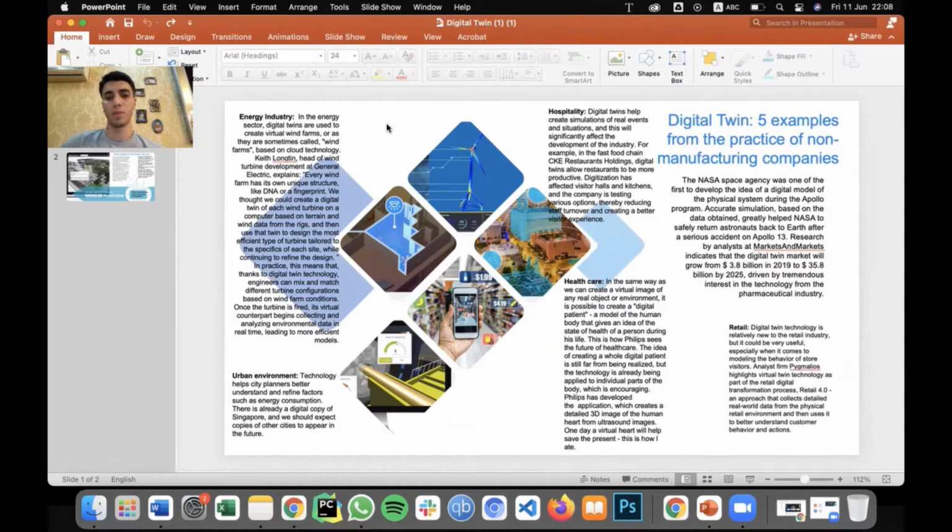Moreover, in the retail market, digital twin uses an approach that collects detailed real-world data from the physical retail environment and then uses it to better understand customer behavior and actions. So these are examples from the practice of non-manufacturing companies using digital twins.